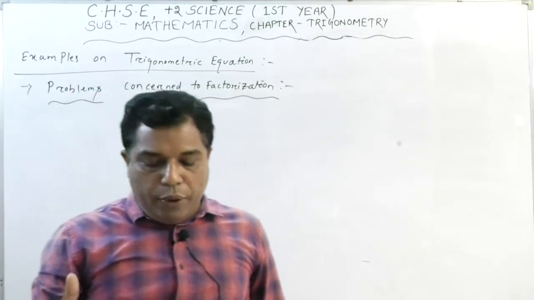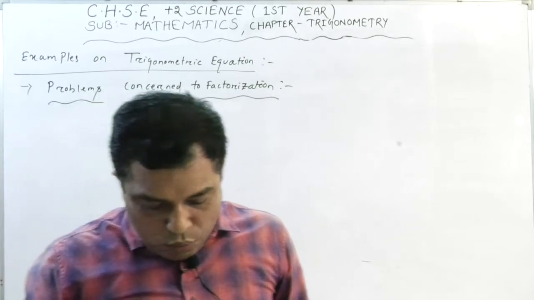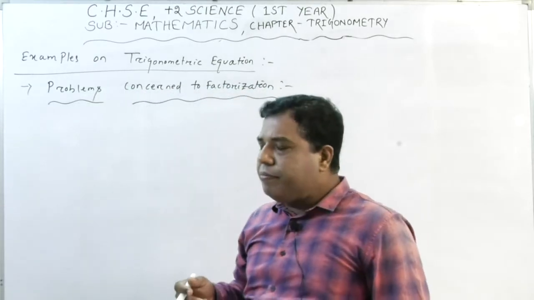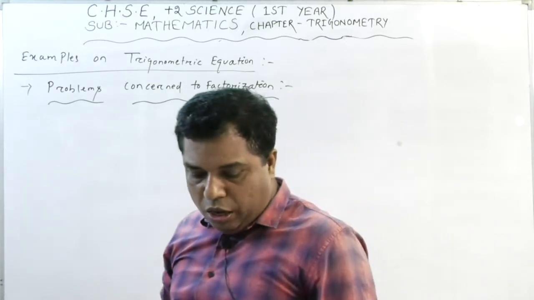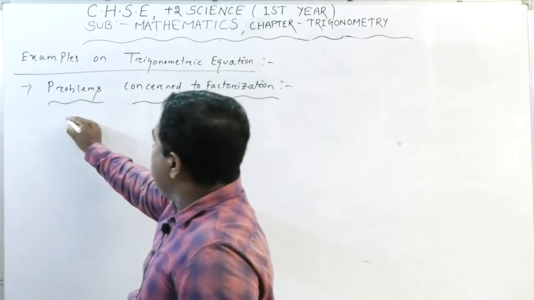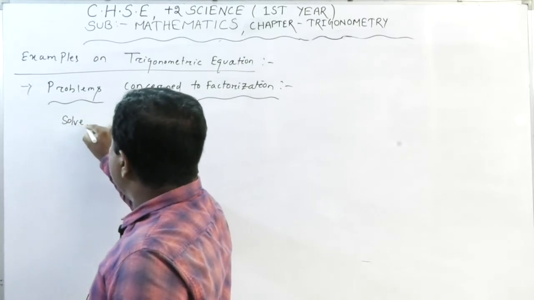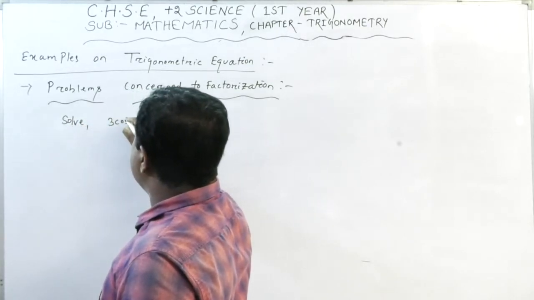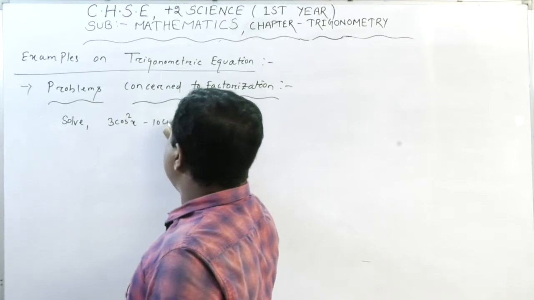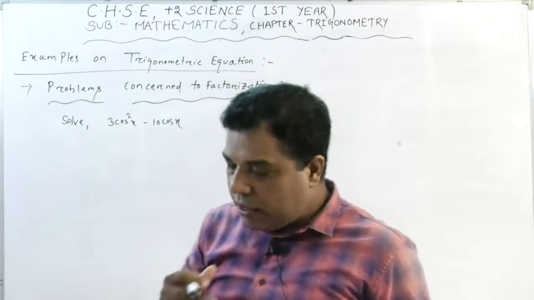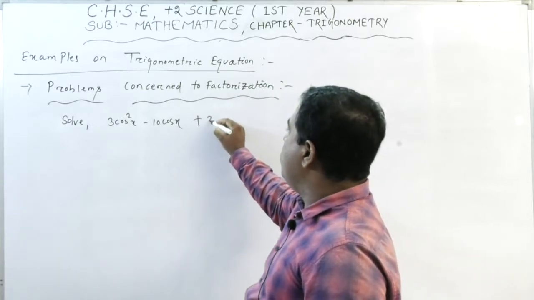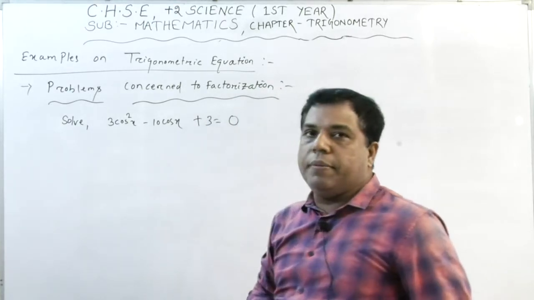For your clarity I am giving one example. Solve 3 cos square x minus 10 cos x plus 3 equals 0. It is given.